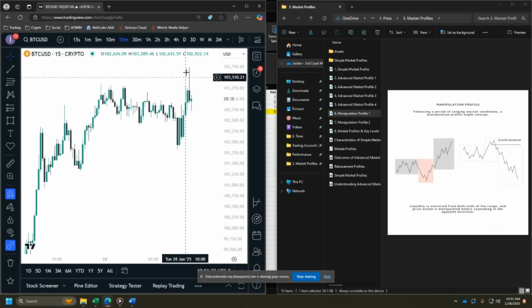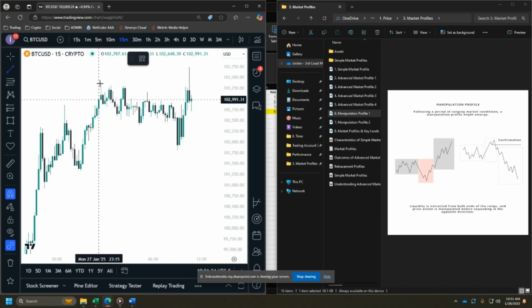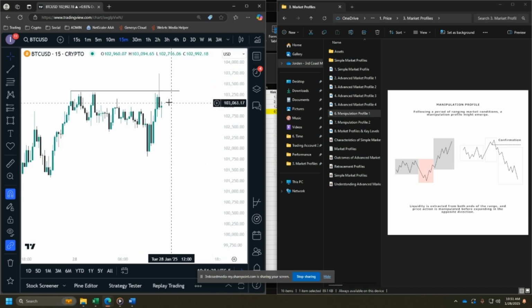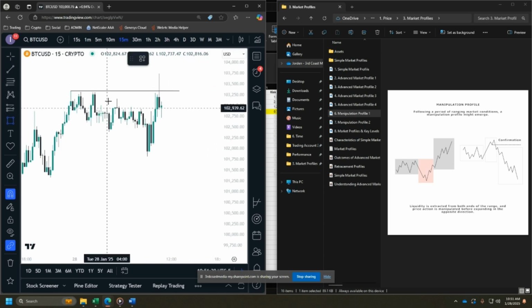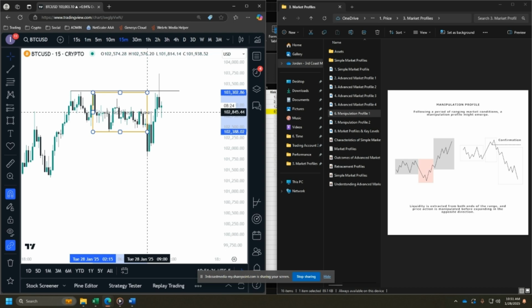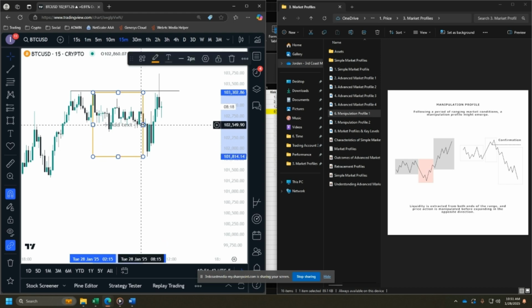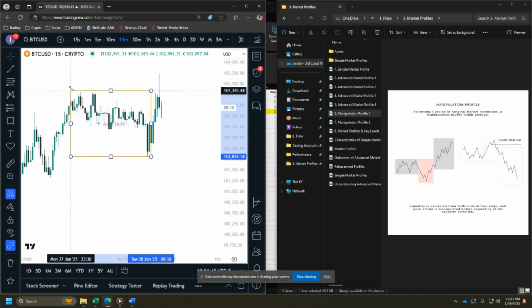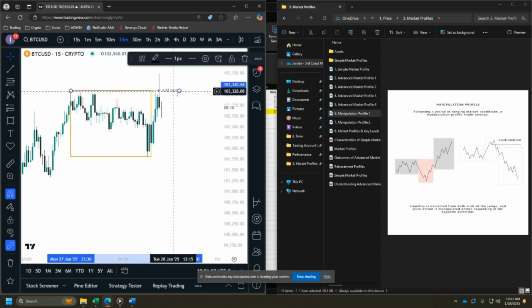So, for example, if I were to think because maybe price passed this point, and then we have this range here. Sorry. Okay, so we can get rid of that.